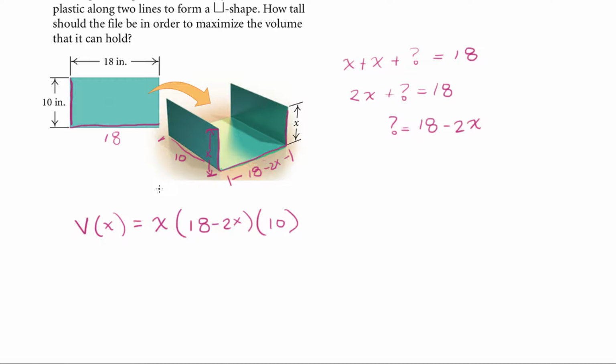Remember, this is the height, this one is the width, and this one is the length. If we multiply these three together, we get 18x minus 2x squared times 10, which is 180x minus 20x squared.